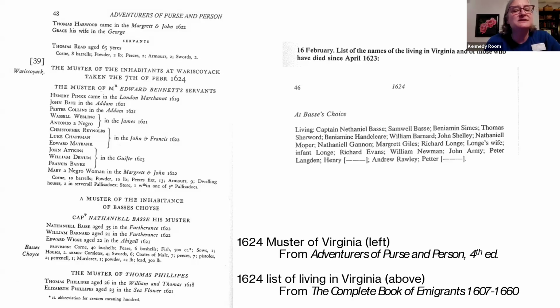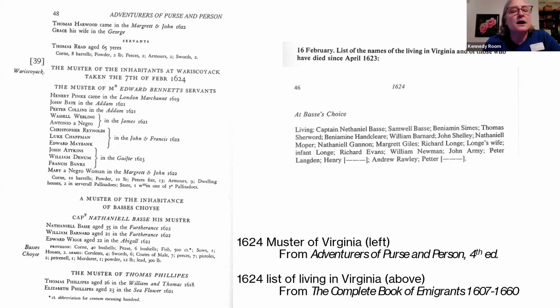His muster was Nathaniel Bass, age 35. He came in the Furtherance in 1622. But we know that the plantation was there before that, so it may have been his most recent trip back to the colony.